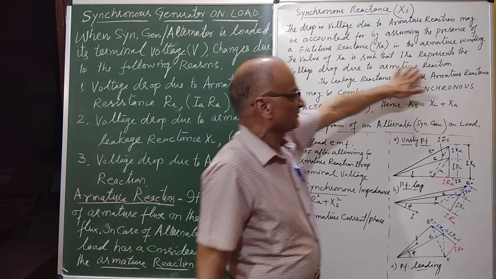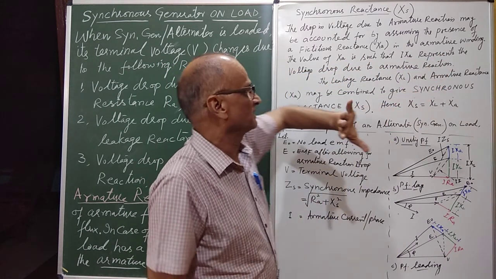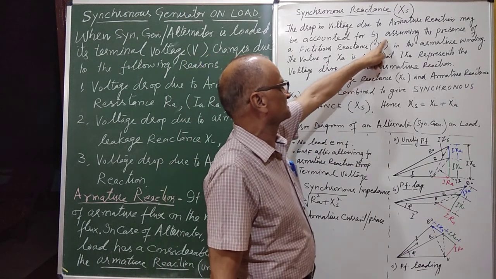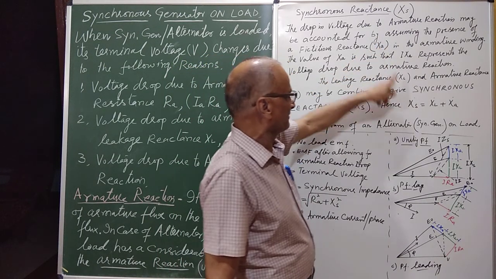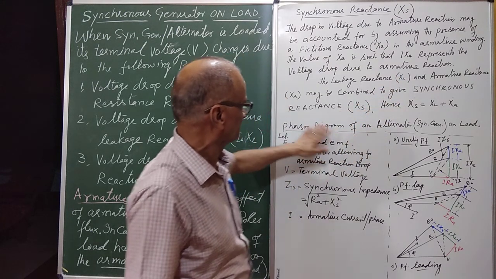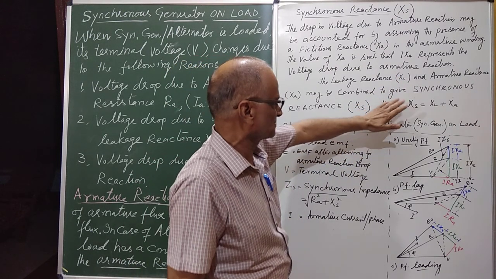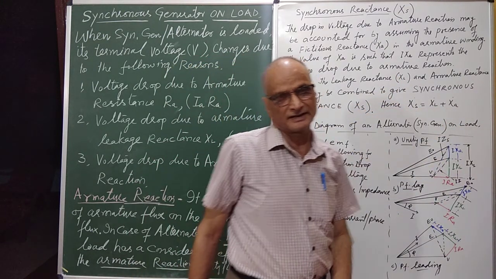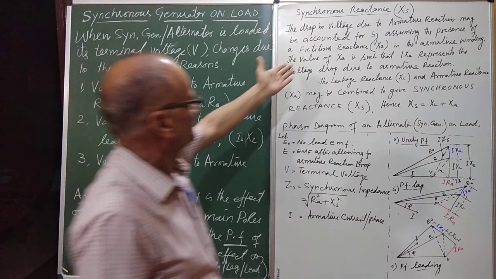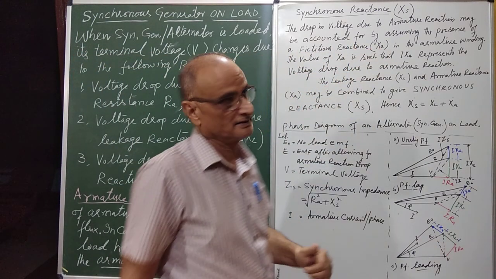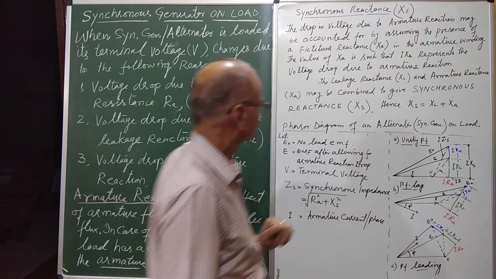Voltage drop due to armature actions may be assumed as presence of a fictitious reactance XA. So XA combined with XL is called synchronous reactance, the sum of these two: leakage reactance and armature action reactance, which is called fictitious reactance of XA. A is for armature action.